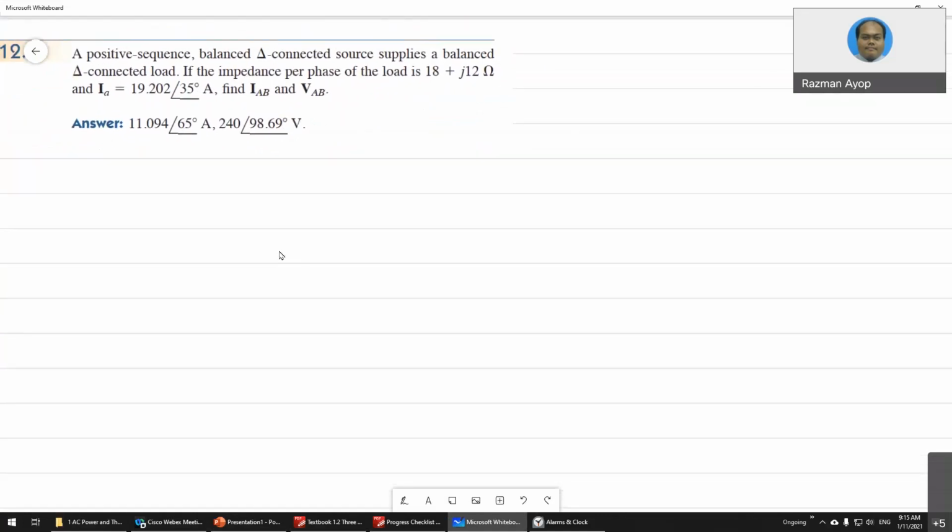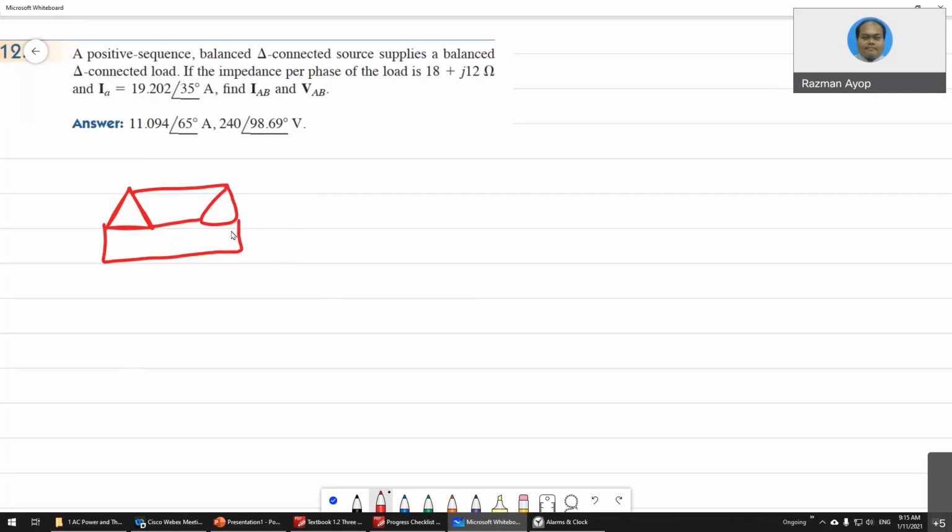This one is just a simple equation. Let me open it. You can see here you have a delta connection, and it gives Z equals 18 plus j12.